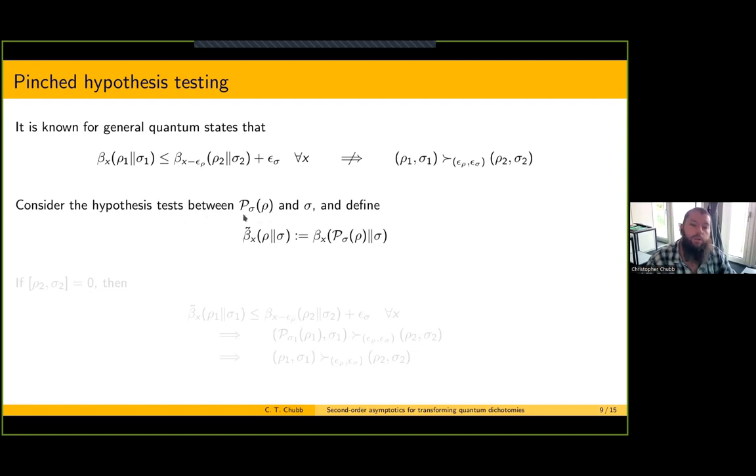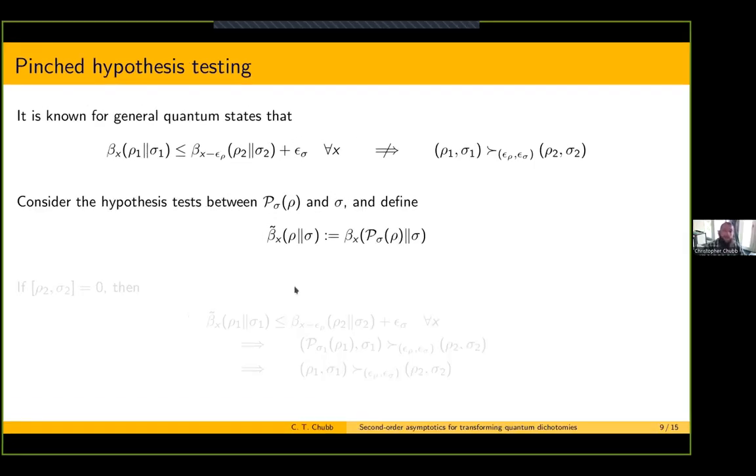So here we're going to define P sigma as the pinch of rho with respect to sigma. The key thing now is that if I pinch rho, then this commutes with sigma. And so now I'm going to look at the hypothesis test between the pinched rho and sigma. I'm going to define this pinched type 2 error to just be the type 2 error where I pinched the first state.